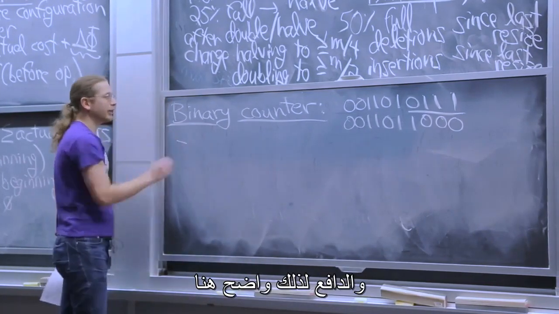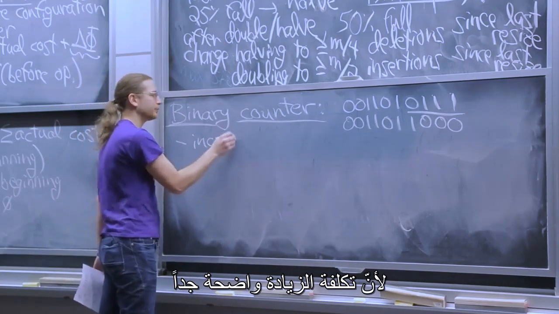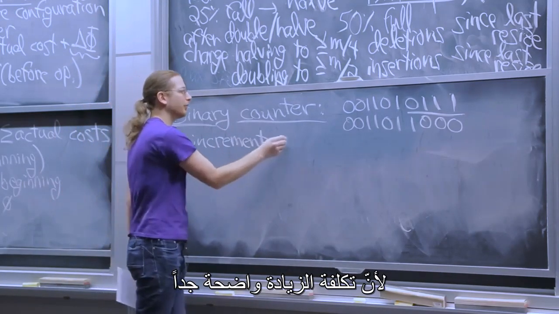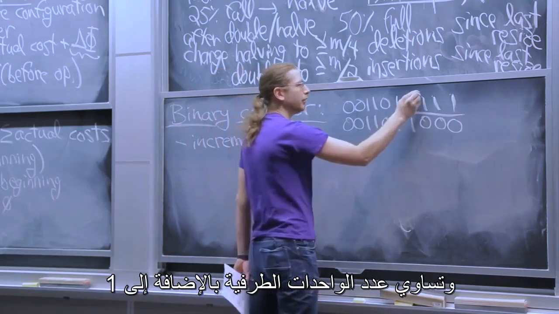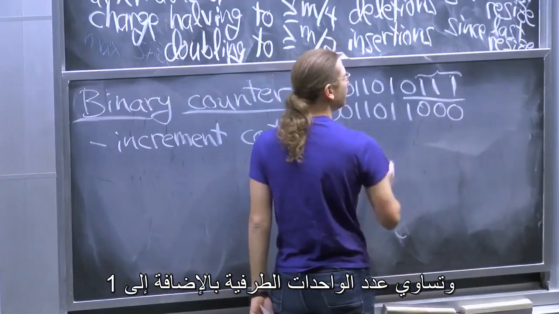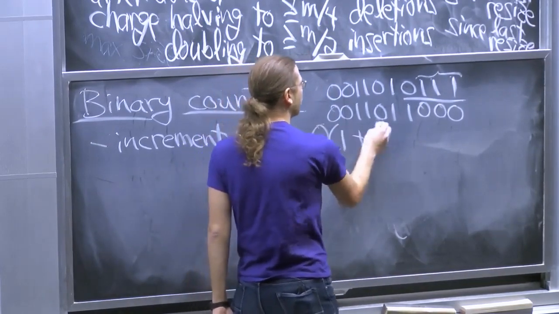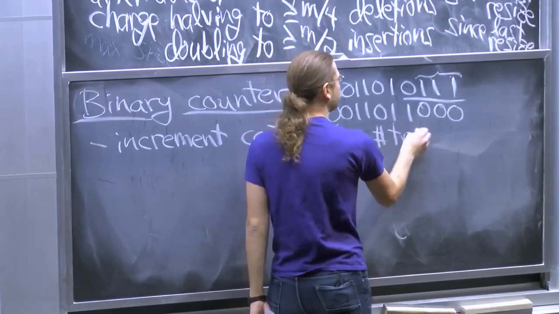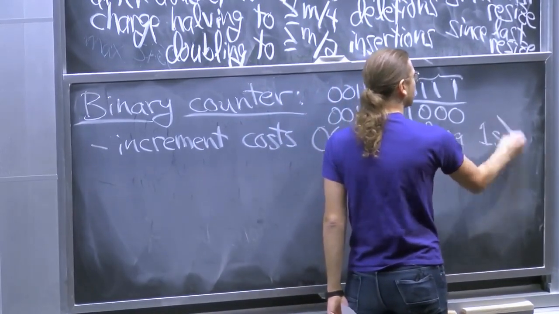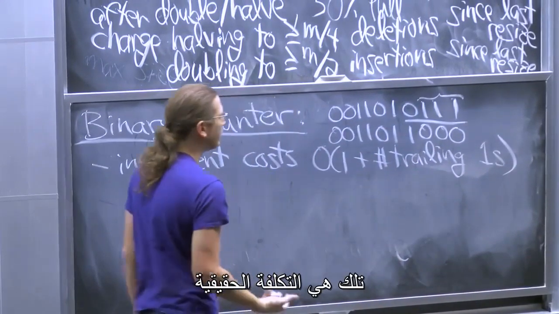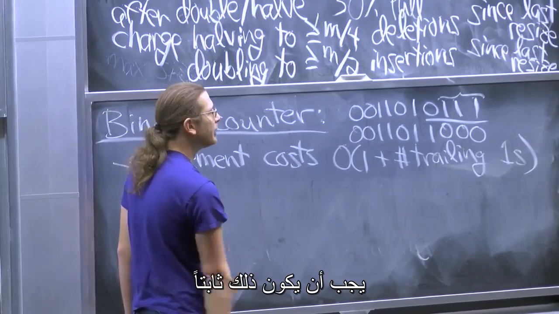And the intuition here is actually pretty easy, because an increment has a very clear cost. It's just the number of trailing ones plus 1. Okay, that's what it is in actual cost. We'd like that to be constant.